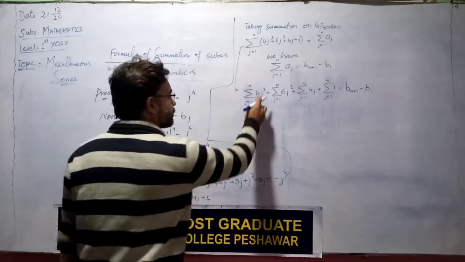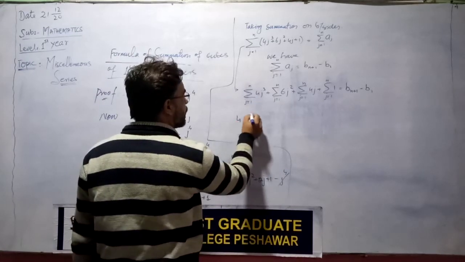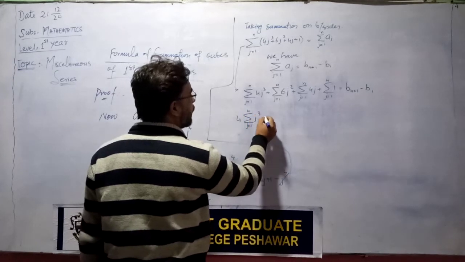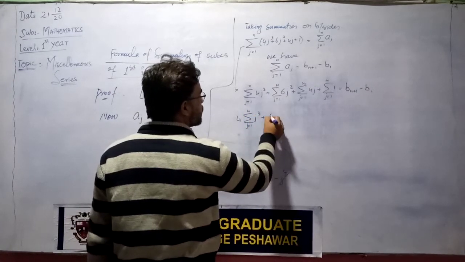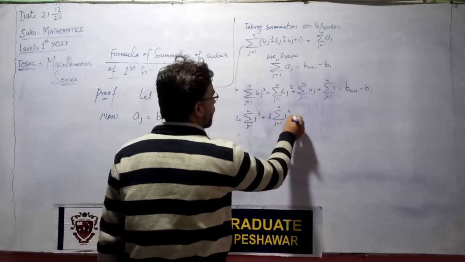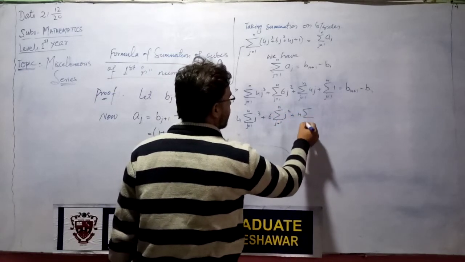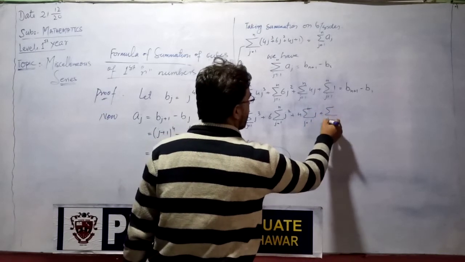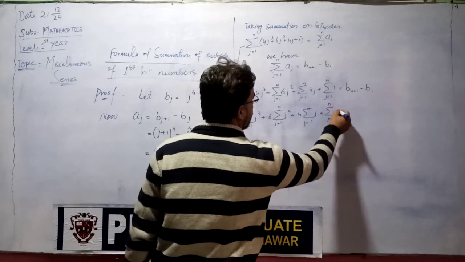This can be written as 4 times the sum of j^3, plus 6 times the sum of j^2, plus 4 times the sum of j, plus the sum of 1.